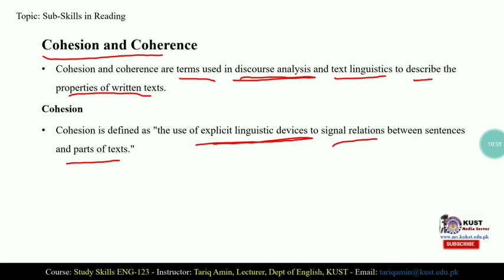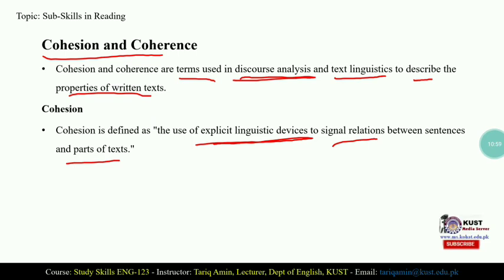For example, these linguistic devices can be cohesive devices. These can also be called transitional devices such as and, but, however, moreover, in addition. These are different cohesive devices, and these signal the relationship between different sentences and different parts of the text as well.